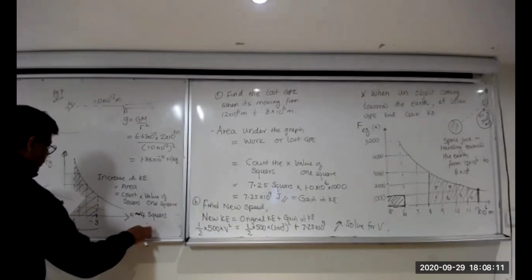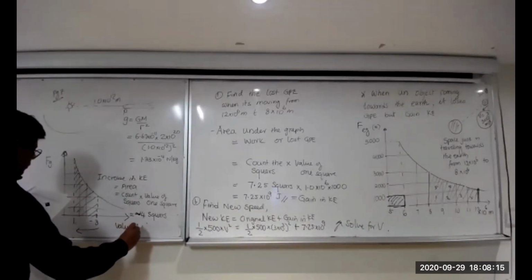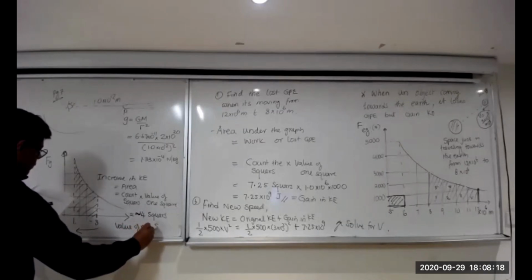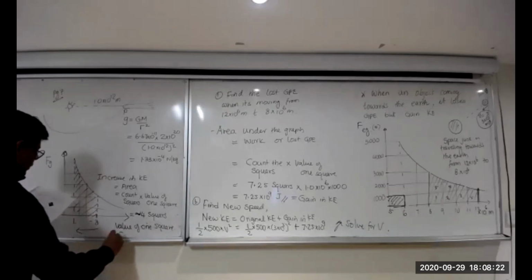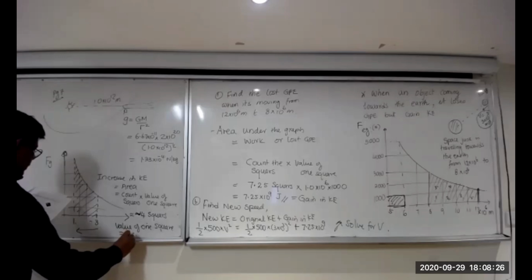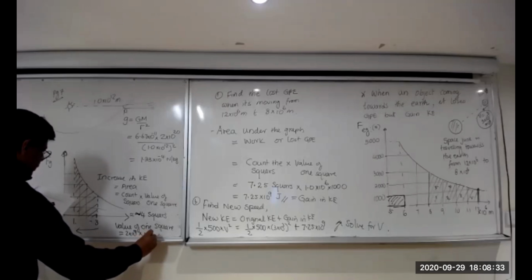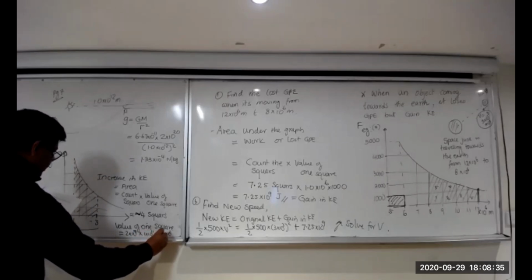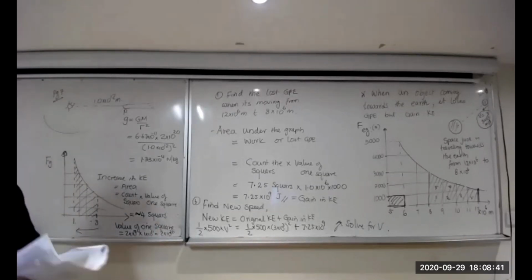Because the value of 1 square is equal to, vertical axis 2 times 10 to the power 9, horizontal axis is 1 times 10 to the power 11. It's 2 times 10 to the power 20. Then you times by 4. That means 8 times 10 to the power 20 would be the total energy.